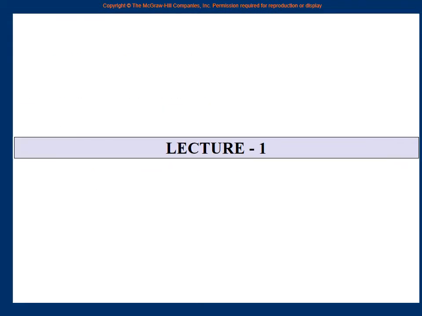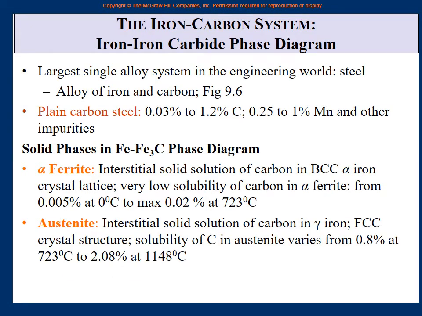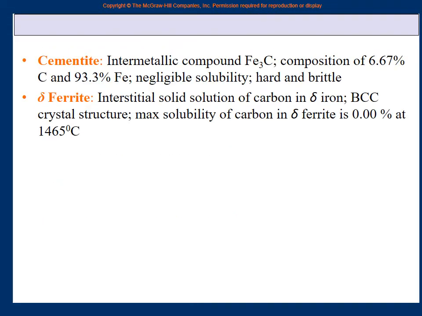So let us see what we did last time in lecture 1 of the chapter. We introduced the iron carbon system, the iron carbide phase diagram, and the solid phases in it: ferrite, austenite, cementite, delta ferrite.